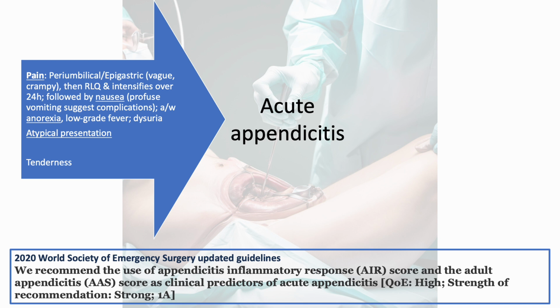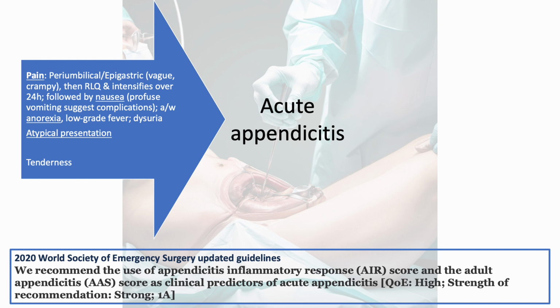I don't know if there's strong evidence for that or not, but anorexia is common. Low-grade fever and sometimes dysuria because of the nearby inflammation of the bladder and cystitis. Again, remember, this is a classic presentation. A lot of times there could be atypical presentation in certain patient populations. We're not going to get into the details of that.